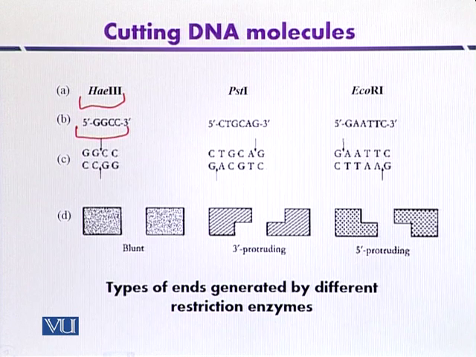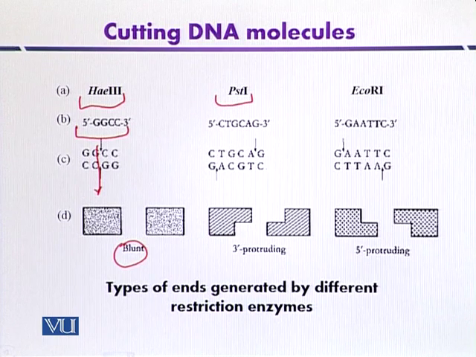So mostly a recognition sequence, for the sake of convenience, can be represented by even a single strand, like 5' to 3'. So HaeIII recognizes GGCC, and when it cuts the DNA from here, this is the recognition site, it produces a blunt end. Blunt end means that there are no single-stranded protruding overhangs.